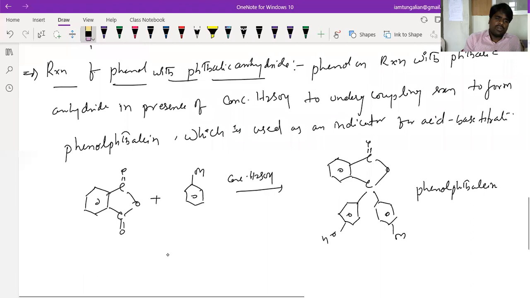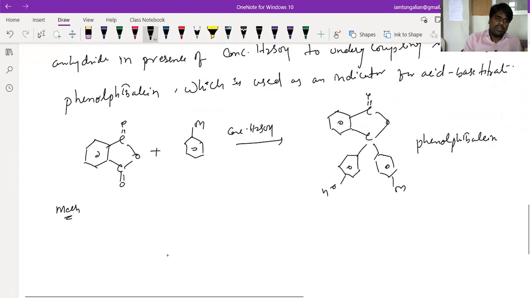If you look at the mechanism, why do we call it a coupling reaction? Let me write the same compound. This is your phthalic anhydride.